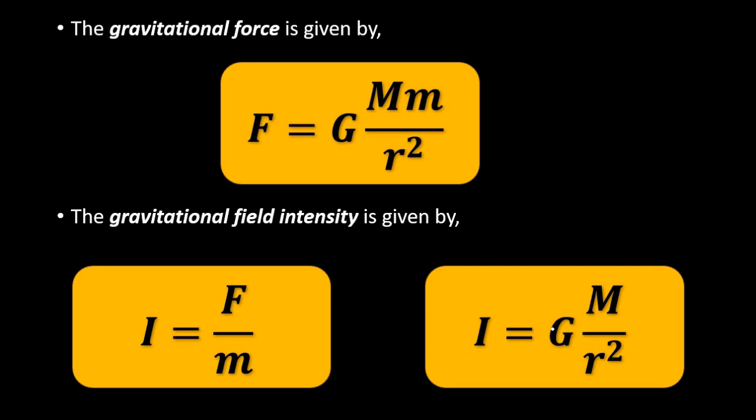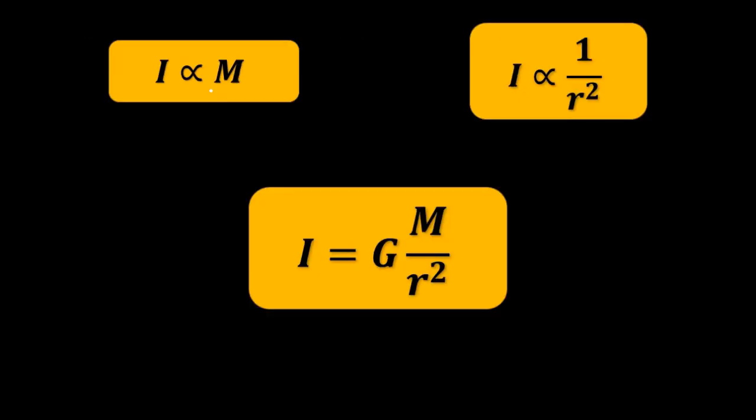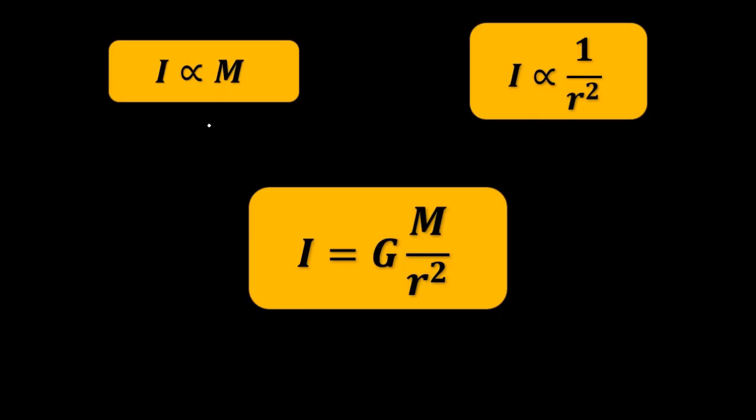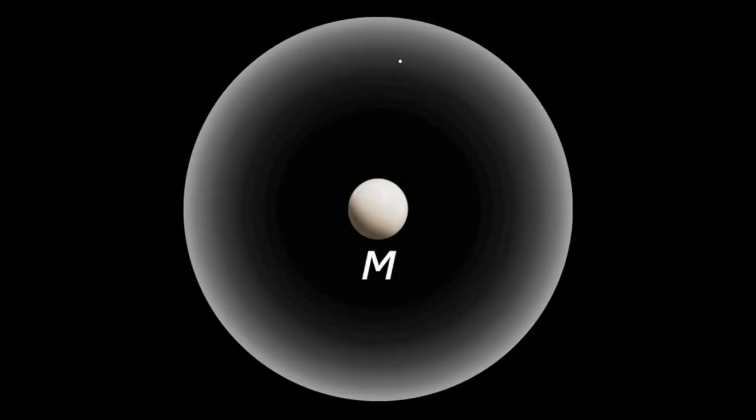Now as you can see, this gravitational field intensity is directly proportional to the magnitude of the source mass, and inversely proportional to the square of the separation distance from its center. So the greater the mass, the greater the strength of the gravitational field.